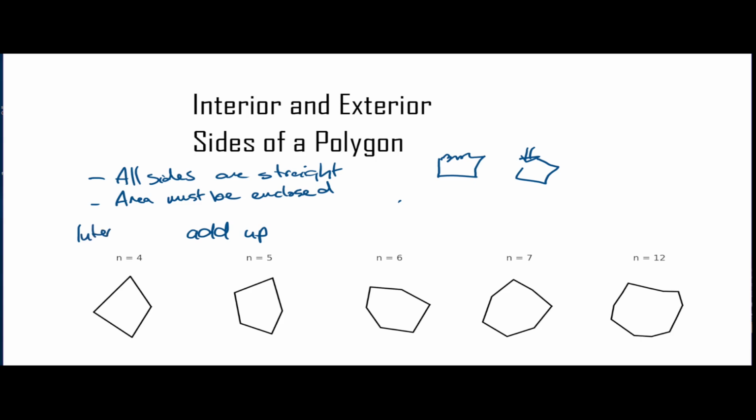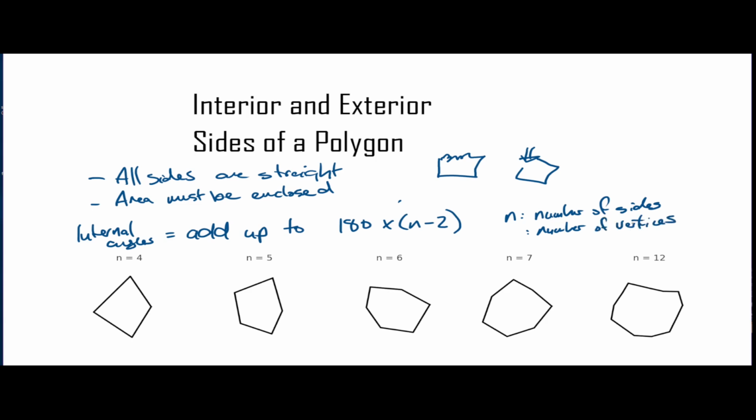So the internal angles add up to 180 times n minus 2, where n is the number of sides, or number of vertices really, but it's going to be the same. So any polygon has the same number of vertices as it has sides.